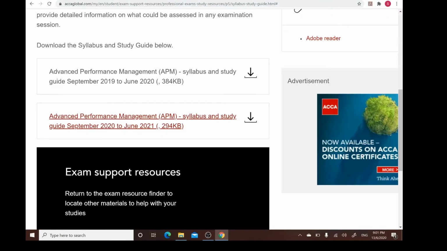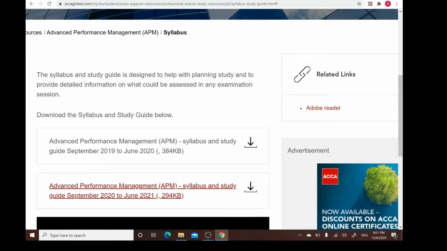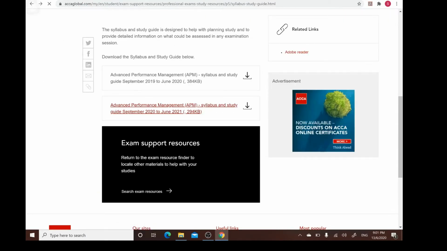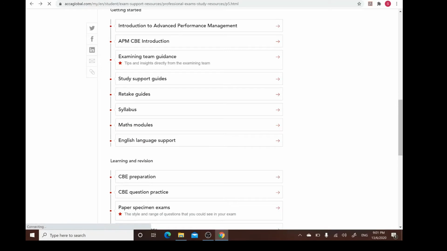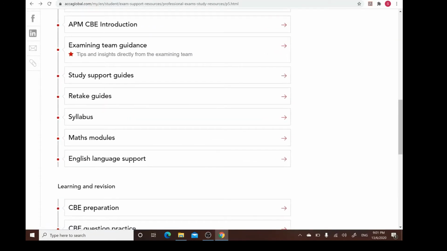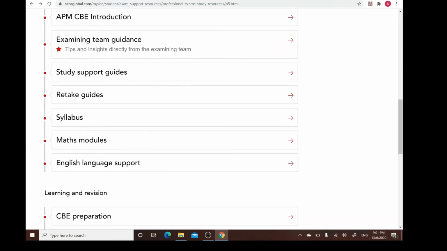Now, it's also possible for you to get the past exam questions downloaded from the ACCA website, especially when we talk about Advanced Performance Management. That's a class. We know that in the past, when we studied PM or even earlier, the management accounting paper, this is always what we remember.